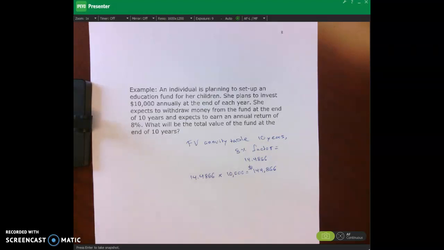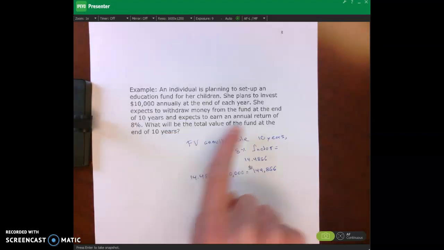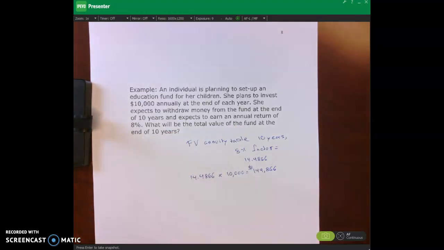Okay, so the first thing you have to do when you solve a problem like this is determine, am I asking for present value or future value? I'm asking for future value, because I'm asking what will be the amount in the future. So decision criteria 1, is it asking for present value or future value? I'm asking for future value.